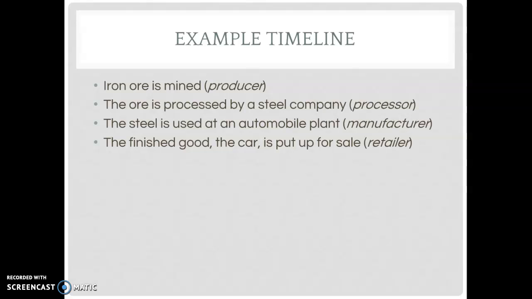They would be the processor. The steel then is used at an automobile plant by a manufacturer. So they take the steel and make it into a car. The finished good, the car, is then put up for sale by a retailer. So if we went to a car dealership, that would be our retailer.